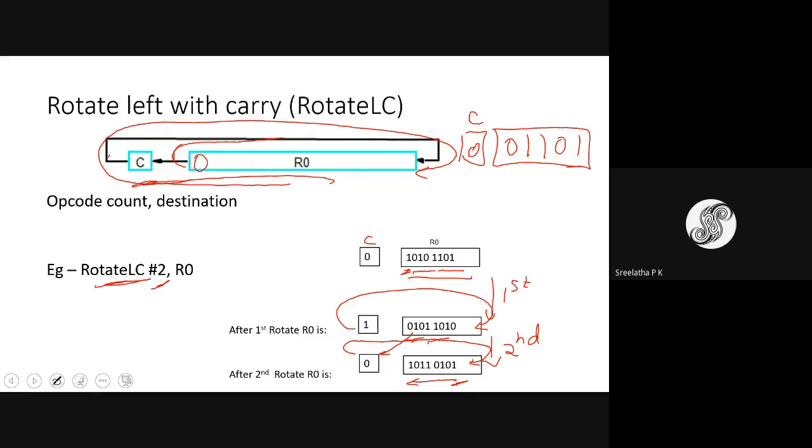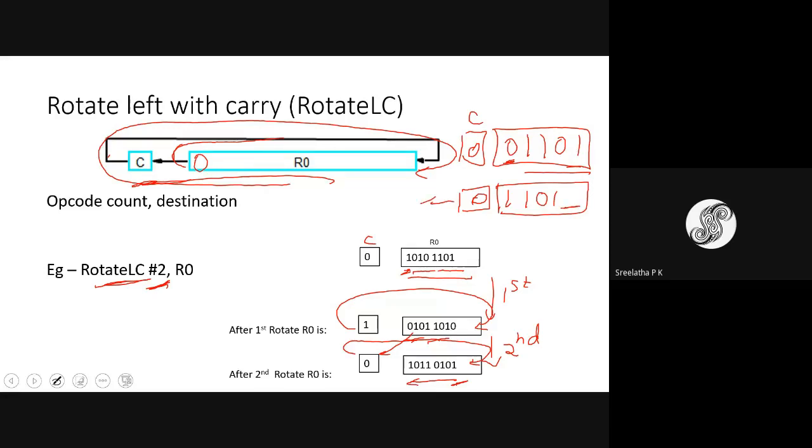Suppose I am rotating it twice, the bits are shifted twice. In the first shift, 0, which is the most significant bit, is moved to the carry flag, and then there is 1 1 0 1. There is a free space which is created.